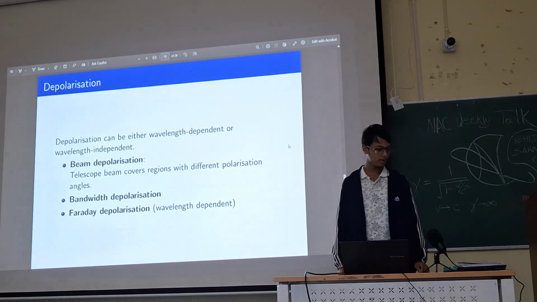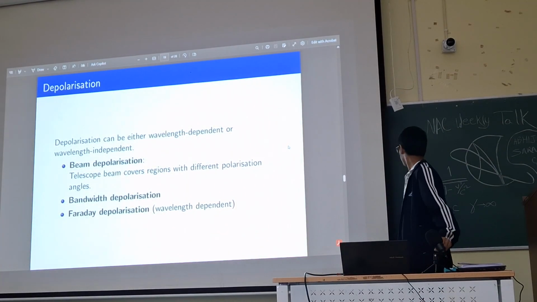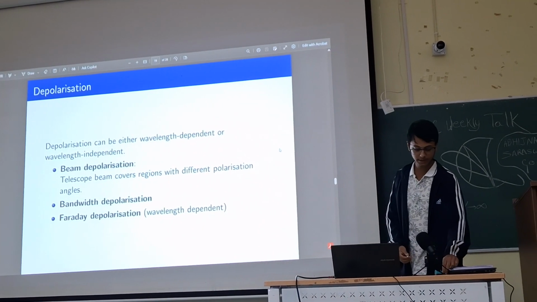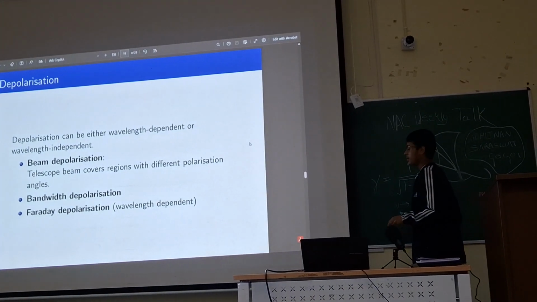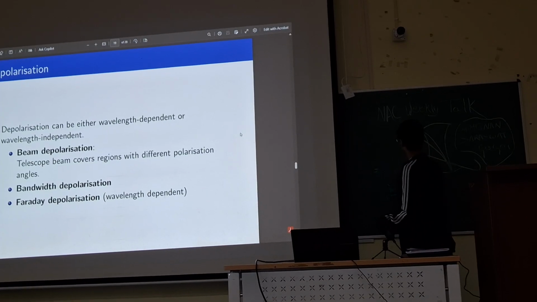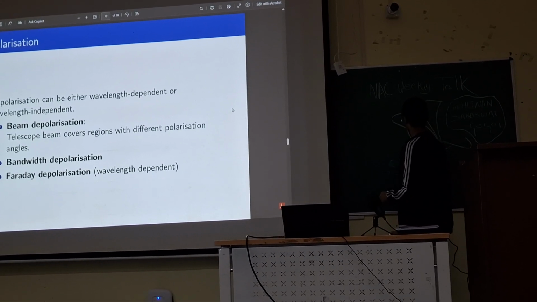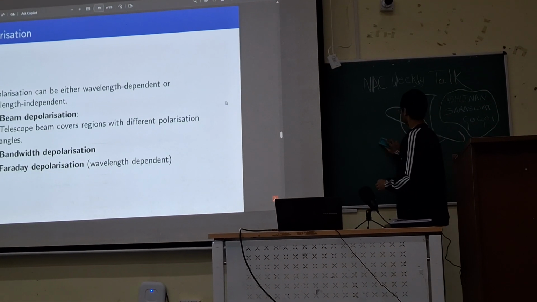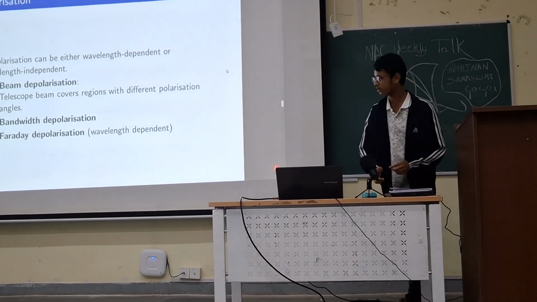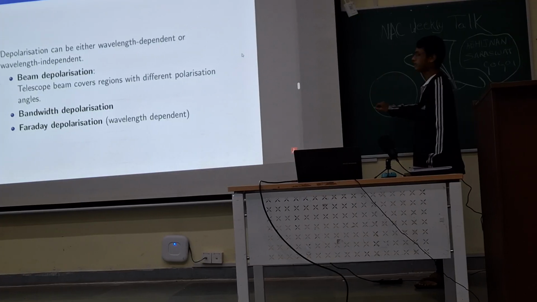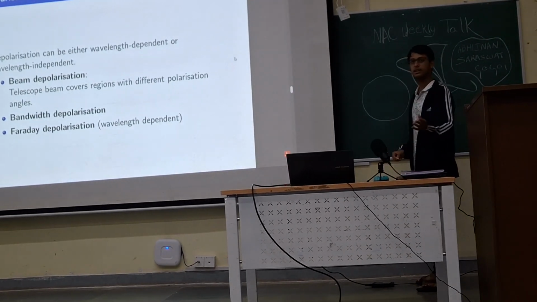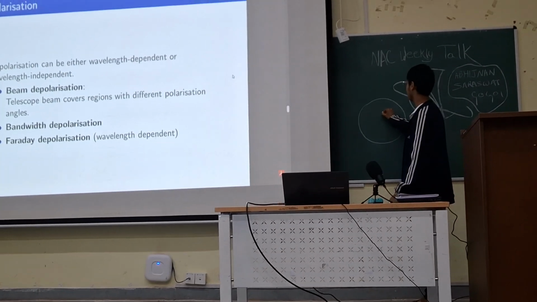So to quickly cover these, I'll do beam depolarization first. Let's say that this is our spiral galaxy, and our telescope does not have very point-like precision to see it.